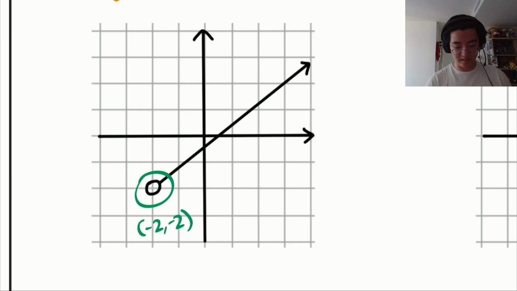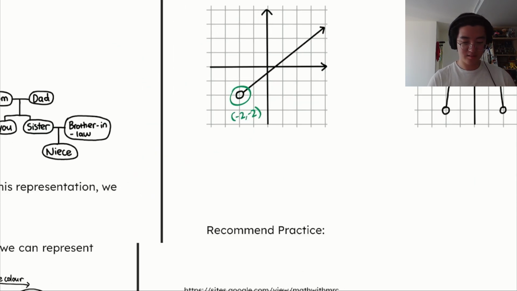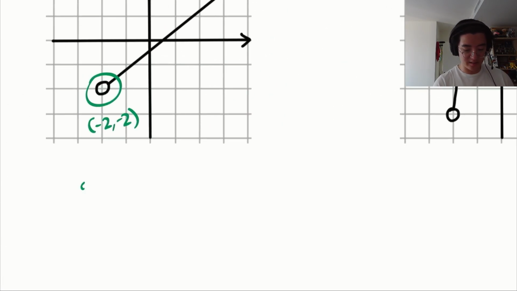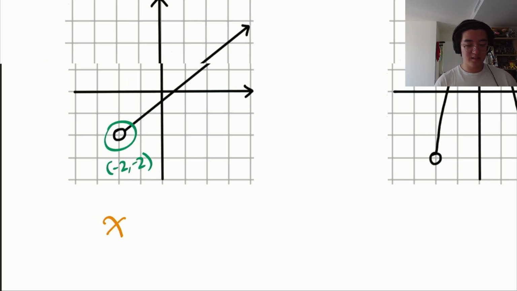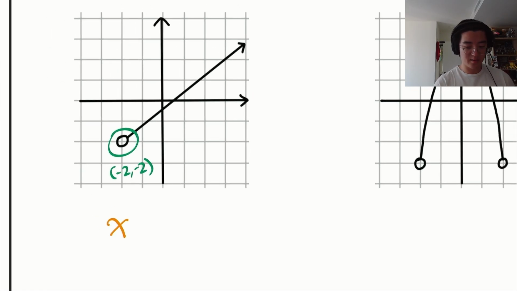But this line stretches out to infinity, which means all the x values must be bigger than this point. It goes on forever that way. So it's bigger than -2.